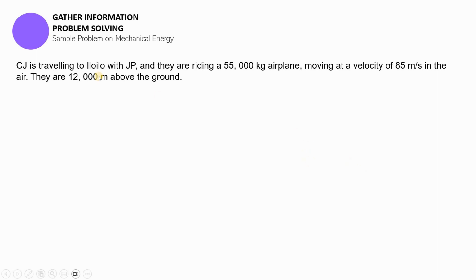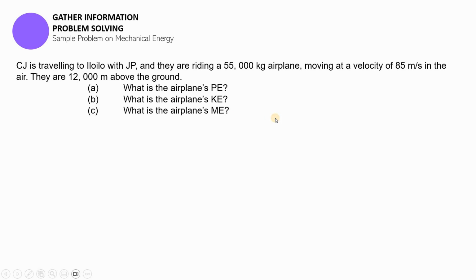Observing this kind of problem, you see these numbers with their units, and I hope you already know na meron tong kinalaman doon sa mga topics na dinescuss natin very recently. The first thing you're going to be looking for is the potential energy of the airplane, then the kinetic energy of the airplane, and then the mechanical energy of the airplane.